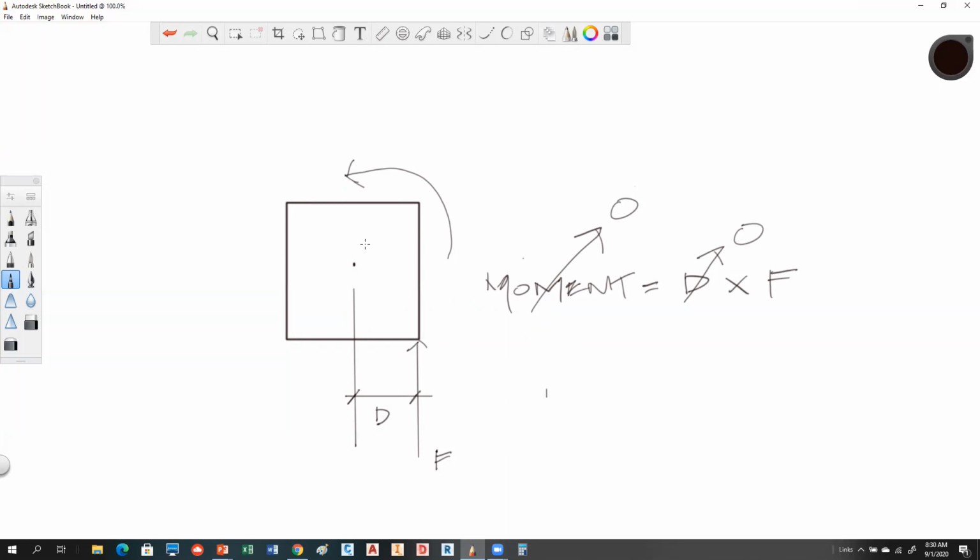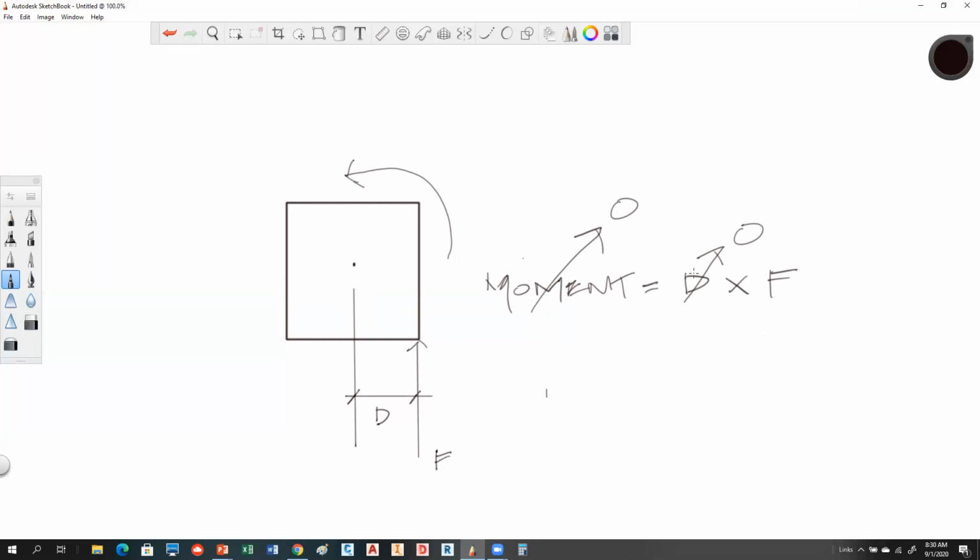Moments will have a particular unit associated with them. If your distance is in feet and your force is in pounds, we would call this moment a foot-pound, or some people call it a pound-foot. If you were in kilonewtons and meters, it would be a kilonewton-meter, okay? So those are going to be important.